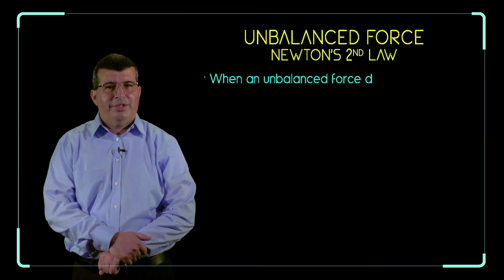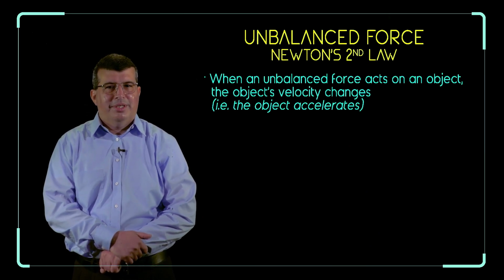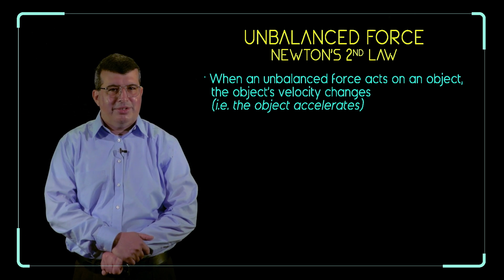Now we're going to talk specifically about unbalanced forces. Unbalanced forces are the subject of Newton's second law. So Isaac Newton's second law of motion. We're going to cover the second law first before Isaac Newton's first law because it's a little bit easier to understand in that way. Now what Isaac Newton's second law says is that when an unbalanced force acts on an object, the object's velocity changes.